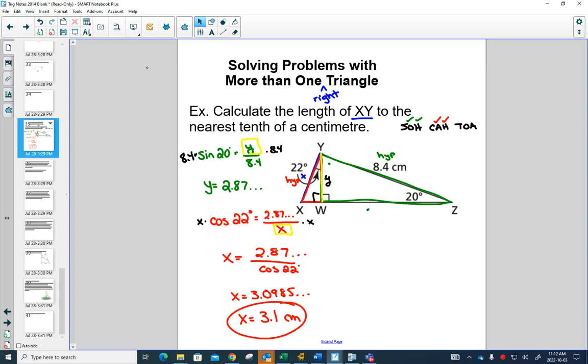You need to have at least one side to figure anything out. And so we could have solved everything on the green triangle. But we didn't bother to find W to Z because it wouldn't help us with the red triangle. So we looked at the question and said, the W to Y, that's going to be part of my red triangle as well.